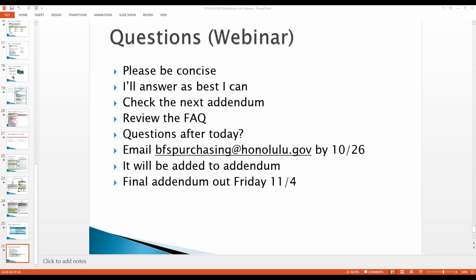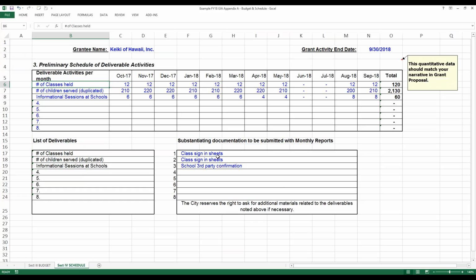Next question. Even though there is no grant activity for June and July, can they still ask for 12 months of salary for the positions? As we looked at this schedule, in June and July, for example, there were no activities, but the staff continued to work on the program. That's what the question is asking, and if the organization can ask for reimbursement for staff salary.